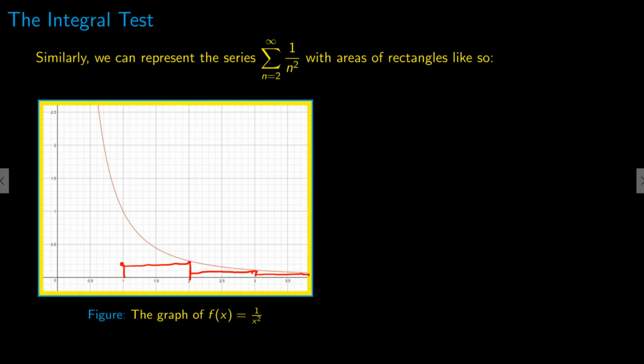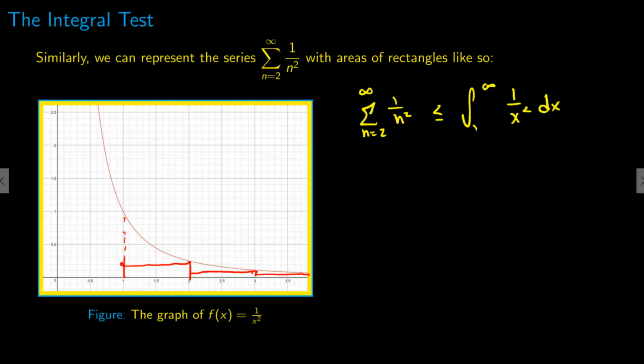And we notice that each one of these rectangles is an underestimate, and so we would then write that the series n equals 2 to infinity of 1 over n squared is going to be less than or equal to the integral from 1 to infinity of 1 over x squared dx.